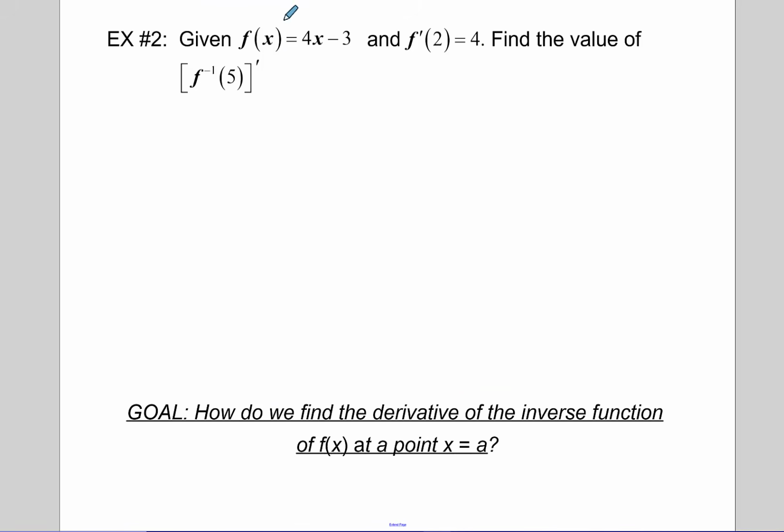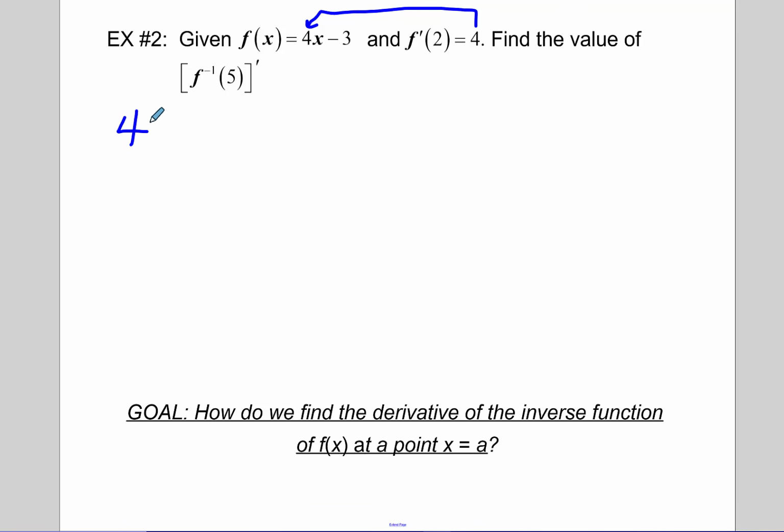So let's say you're given this function, 4x minus 3, so it's linear. And we know that the slope at 2 is 4, and we want to find the value of the inverse at 5. Now we know the slope at 2 is 4 because the derivative of a linear function is the slope of the line anywhere on it.